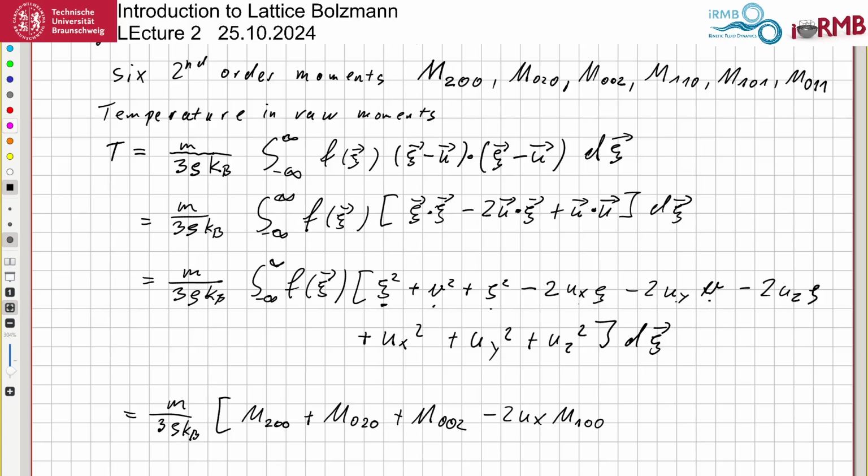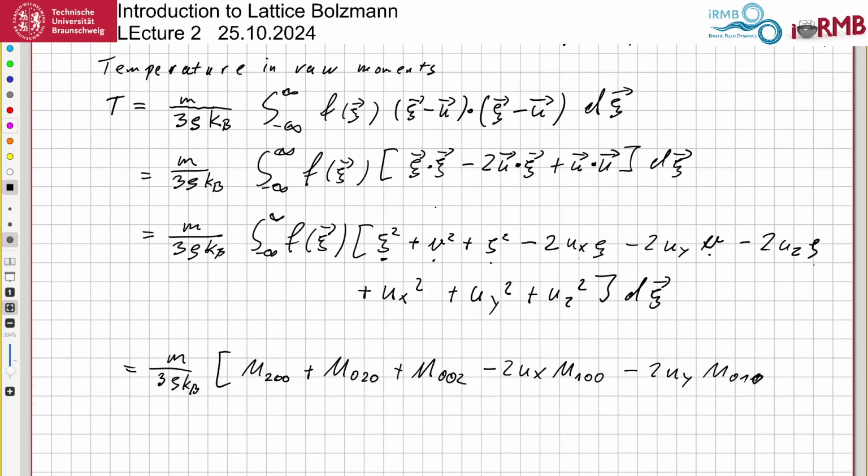So minus 2uy is a constant, and then we end up only with the integral over eta times f, which is the first moment in the y direction, and then with the zeta, we of course do this here, minus 2uz m001.